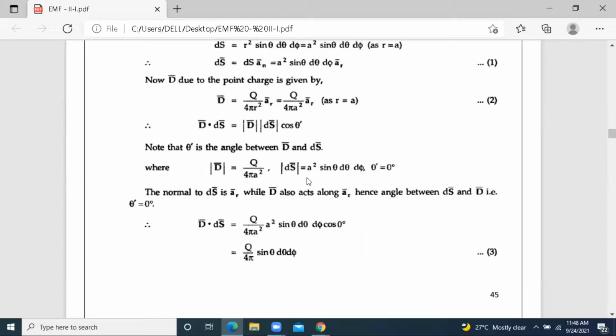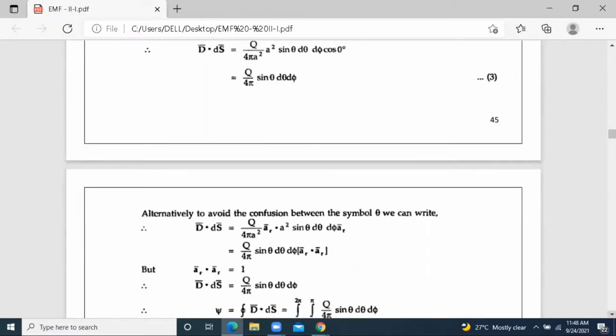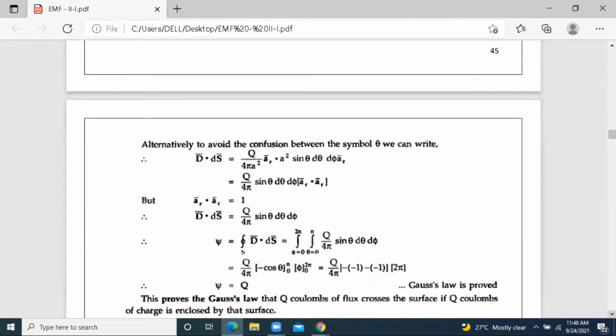So you guys have to sit and take your time and make sure you recall the math. So D dot ds works out to that. Okay. So the total charge enclosed is the integral over the entire surface of D dot ds.